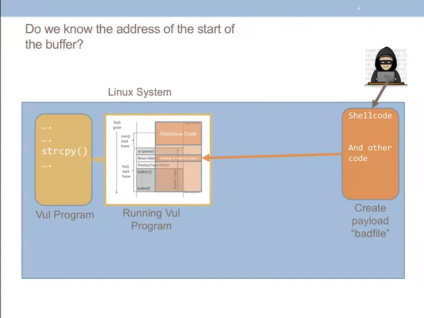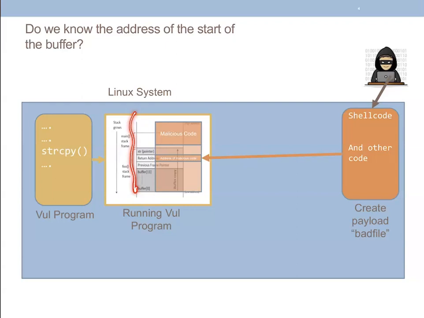So another question we might have is, do we know the address of the start of the buffer? Because if we know the address of the start of the buffer, maybe we can offset or get that location over there. And so do we know the start of the buffer? We actually don't. Because when you think about it, when we run this program, the loader launches the program, it's going to assign these memory addresses, and we don't know the details.